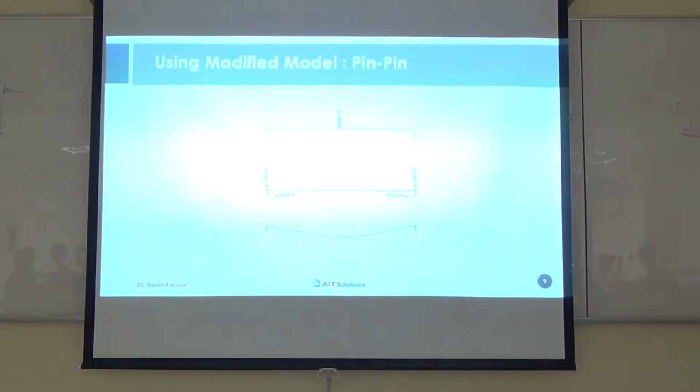So the modeling of the bearing becomes important even for gravity load. Forget about the lateral load. Of course, it will be very important for lateral loads. But even for gravity load, for dead load, live load, the modeling of the support needs to be correct. And the traditional approach of using pin roller is not going to correctly represent the real behavior.